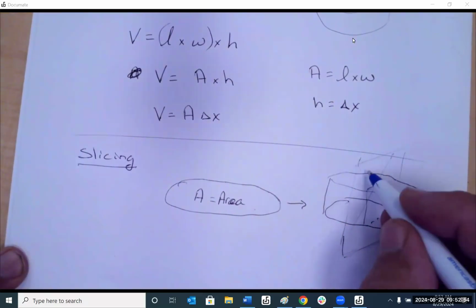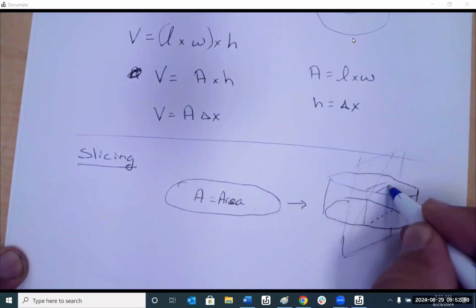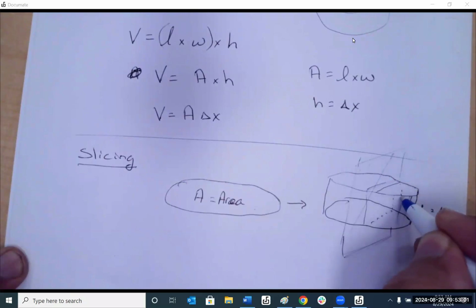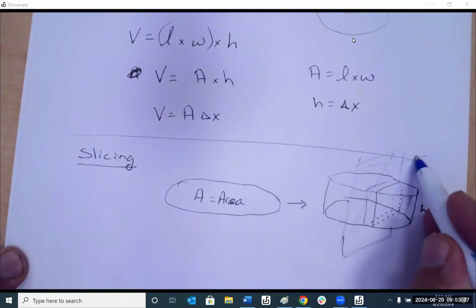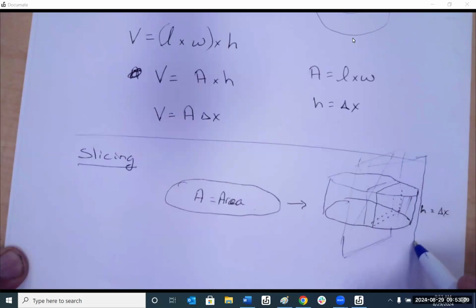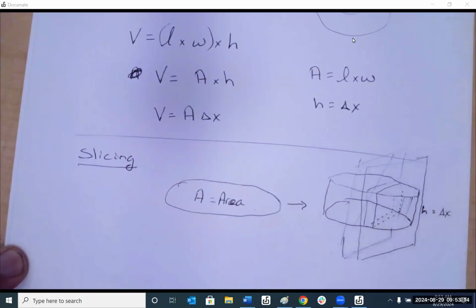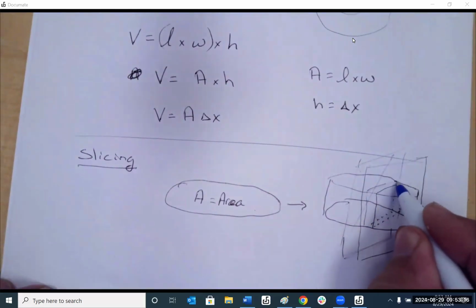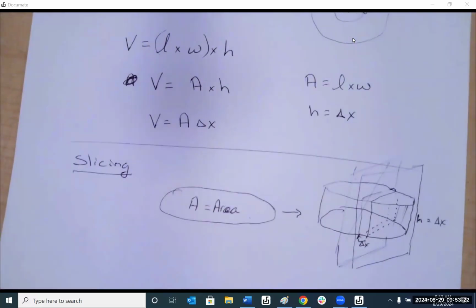So our delta x means that we have to have two slices. And the width of that slice is our delta x.